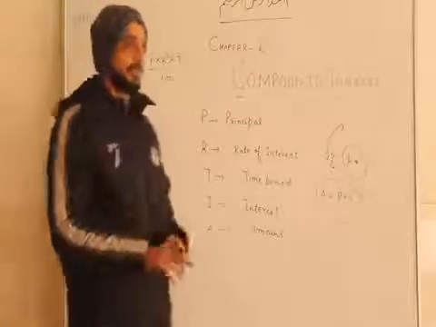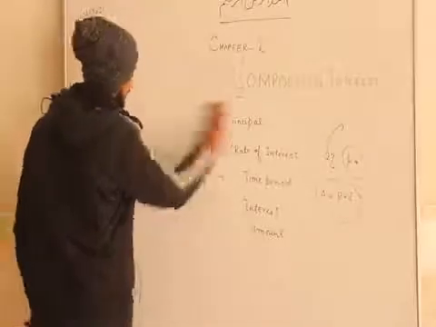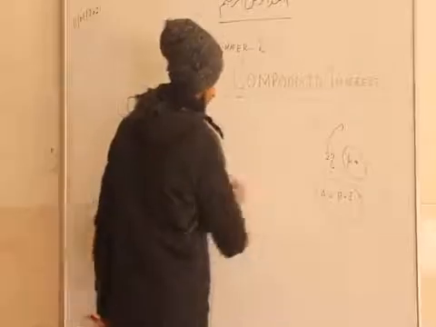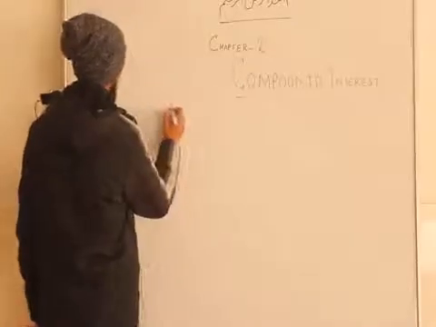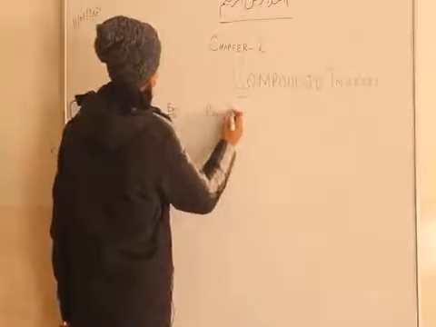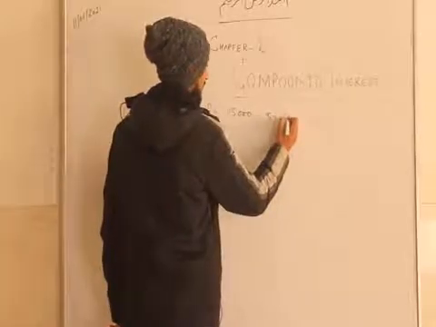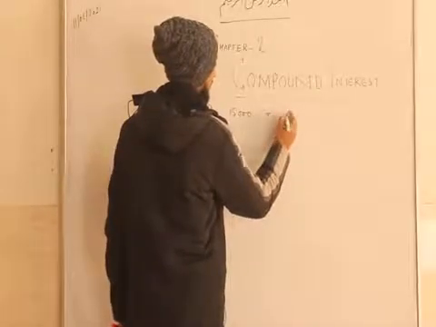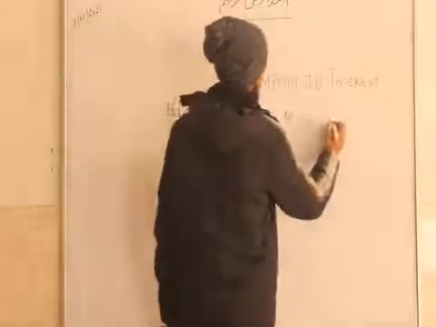Now what is the difference between simple interest and compound interest? We will learn this with the help of an example. Suppose we take an example: there is a principal of 15,000, and the rate of interest is 15%, or sorry, we are taking less, 8% per annum, and the time period is 2 years.